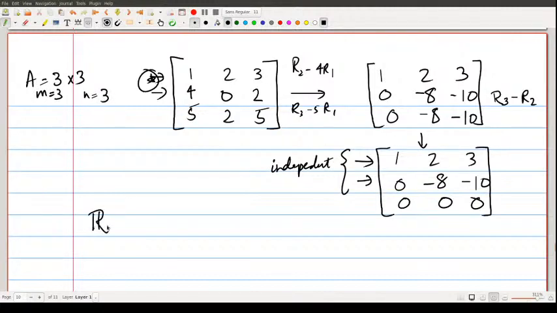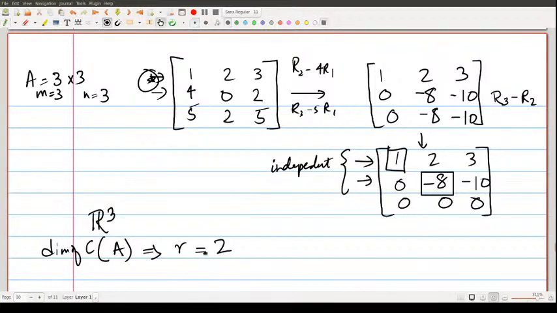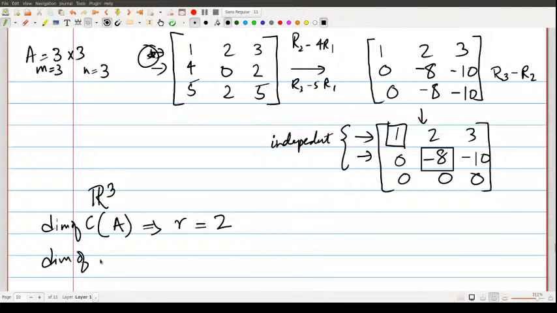So in R3, we have the column space of A. How many pivots did we get in this example? We got 2 pivots. So the dimension of the column space of A is R, which is equal to 2, which means the dimension of the null space of A transpose is going to be m minus R, which is 3 minus 2, so it's going to be one dimensional.